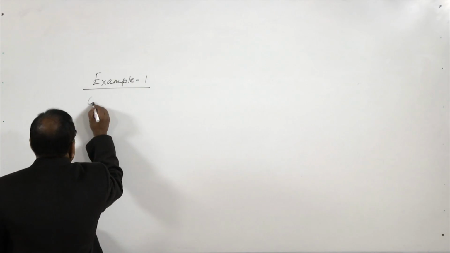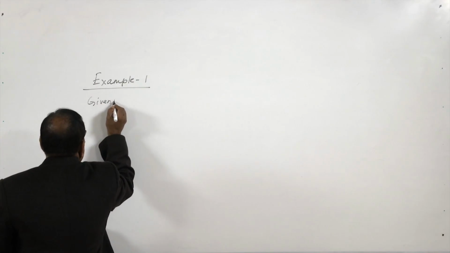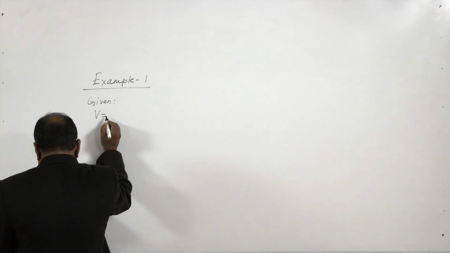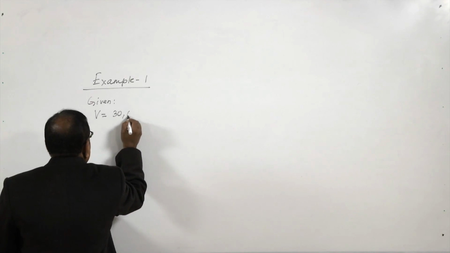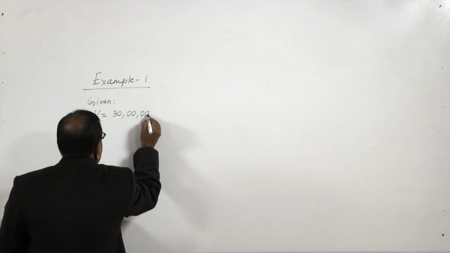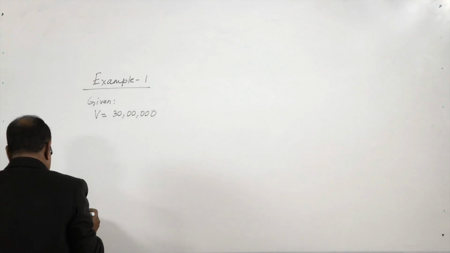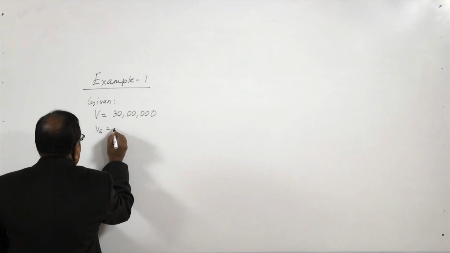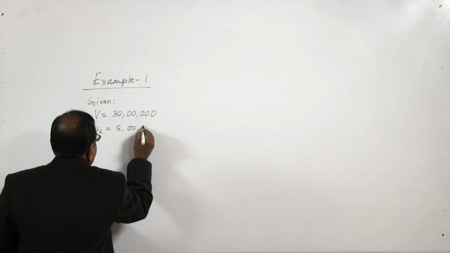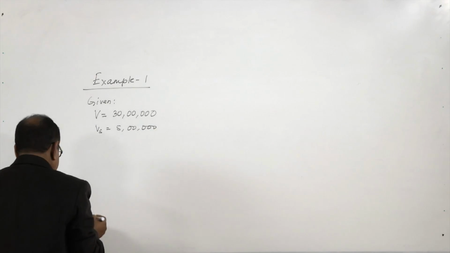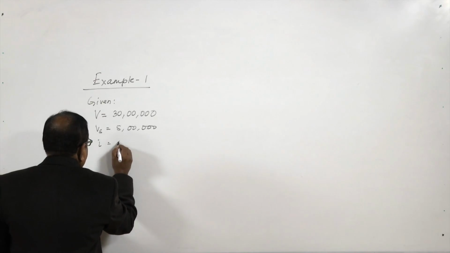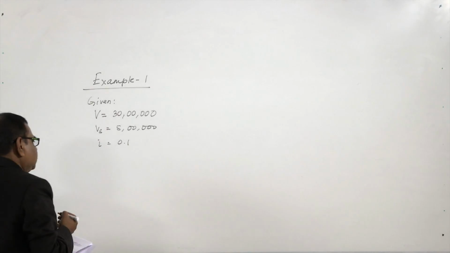Now, given: V is equal to 30 lakhs, Vs is equal to 5 lakh, i is equal to 10%, in fractions this is 0.1.